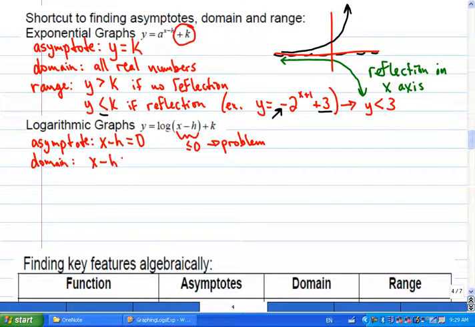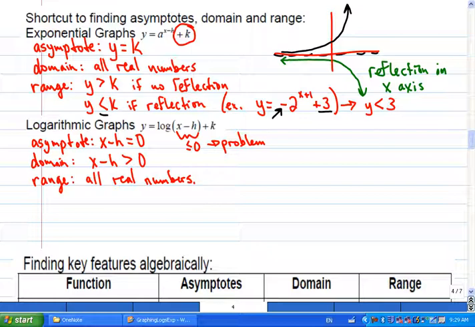We have to make sure that any number we put into it is greater than 0, so x minus h must be greater than 0. And the range, no matter what we do, is going to be all real numbers.